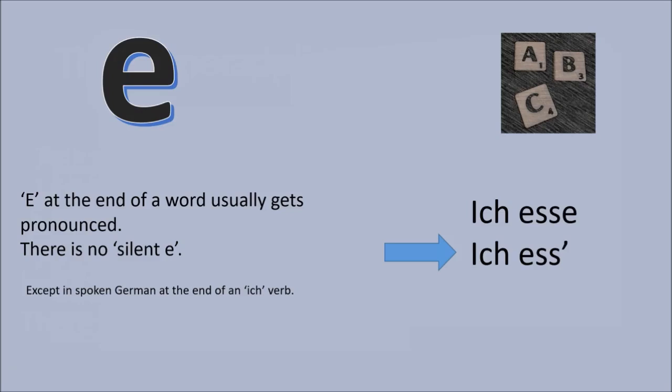In spoken German, we very often don't bother, and the E gets sort of swallowed. If you're writing spoken German, as in you're writing a story and he said, she said, then you would write that with an apostrophe instead of the E. So ich ess, ich hab, ich mach. You hear that a lot.